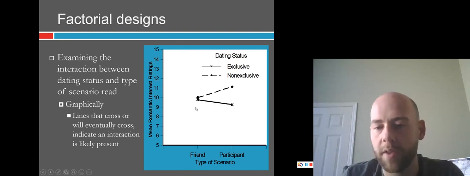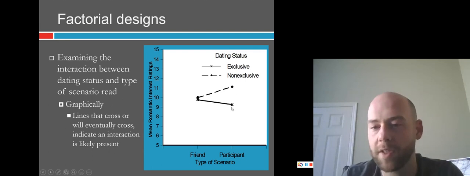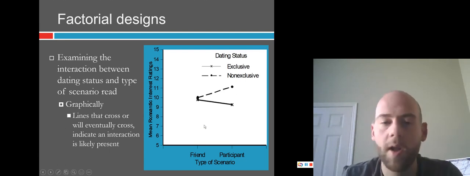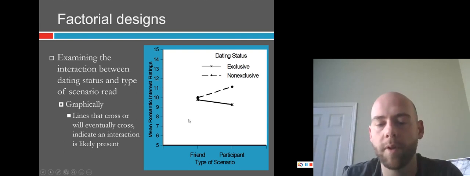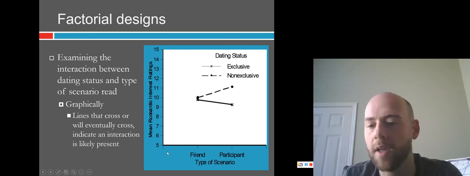But with this one, you can tell the effect of dating status in the friend condition. There's not really any difference between the two different types of dating statuses here. The difference of dating status in the participant condition is pretty big. So the way that you want to make sure you're interpreting these things is by remembering that one of your independent variables is on the x-axis, and your other independent variable is plotted as different lines.